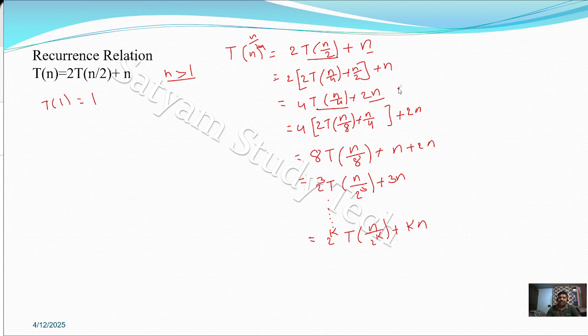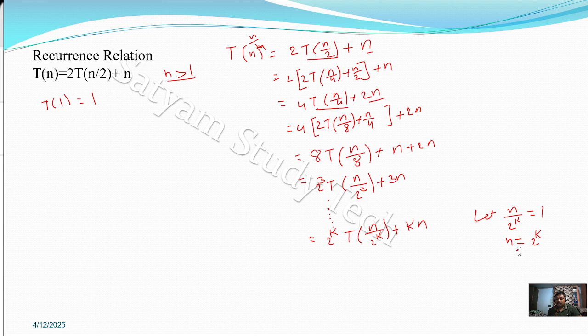Now you can see that if you apply the same thing recursively, the array is divided into subarrays. In certain time that subarray consists of only one element, that is T(1) equal to 1. Now here n by 2 power k, in certain time only one element is there in that subarray. So you can write n equal to 2 power k.